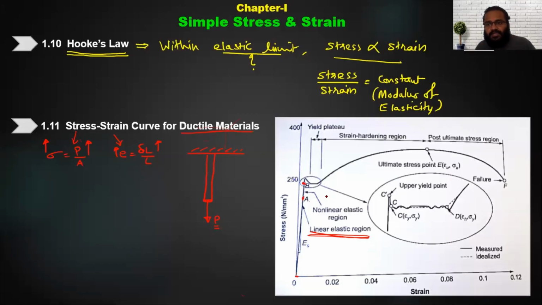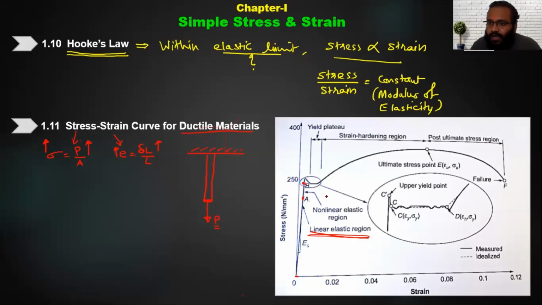So that is why, the very first thing, when no load was acting, there was no deformation, I started with point O. But when I start applying the load, initially, let's say 10 kg of load, I found the elongation was 1 mm.